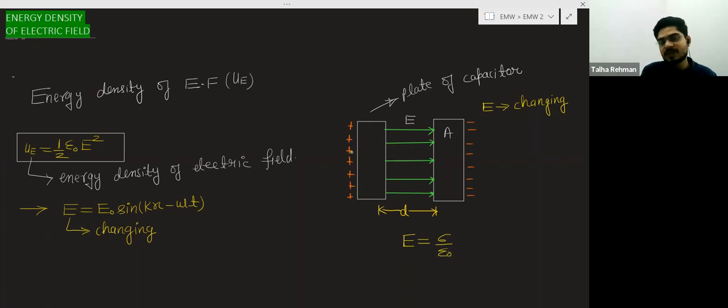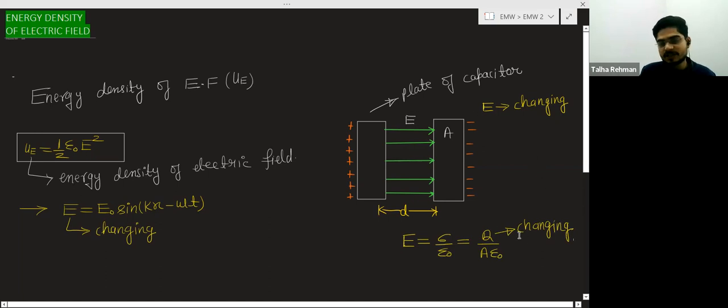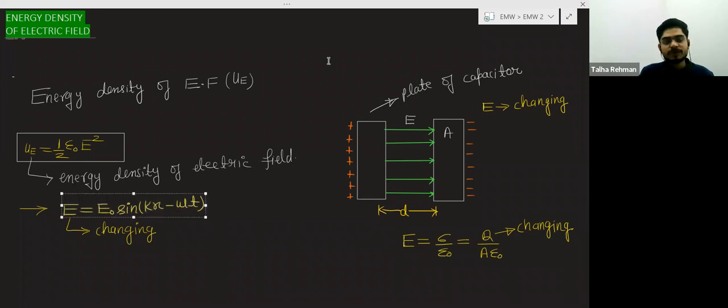Sigma is the surface charge density, and sigma is charge divided by area, E = sigma/epsilon naught, and this charge is changing. So now you can relate: this charge is changing, so the electric field is changing. And the equation of that electric field is E = E naught sin(kx minus omega t).